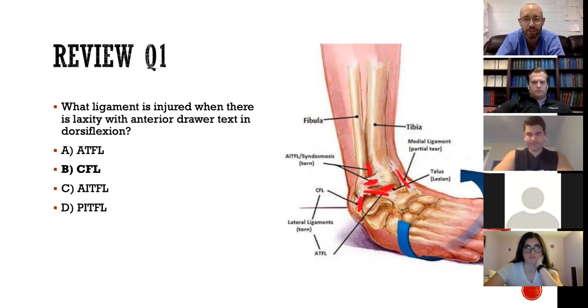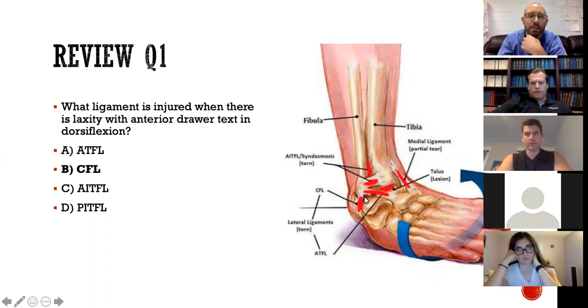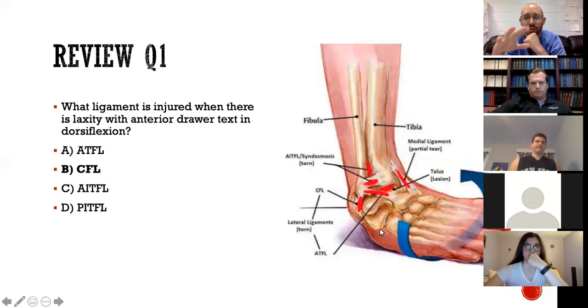So if you look in the picture, right here, that's the calcaneofibular ligament. And so if you put the foot in dorsiflexion, it's going to stretch that ligament out. So then when you test anterior drawer, it's going to be testing that ligament.